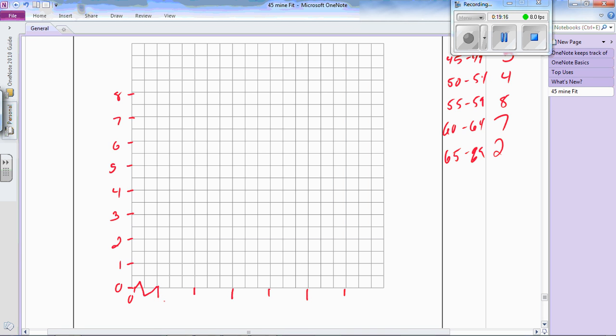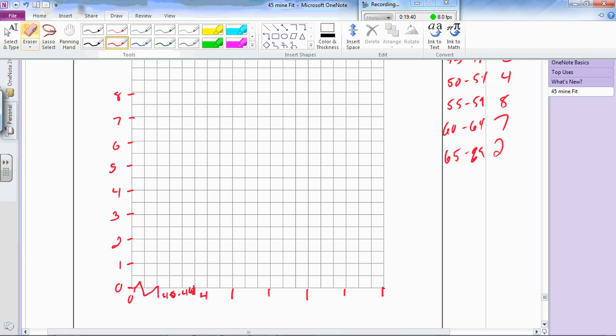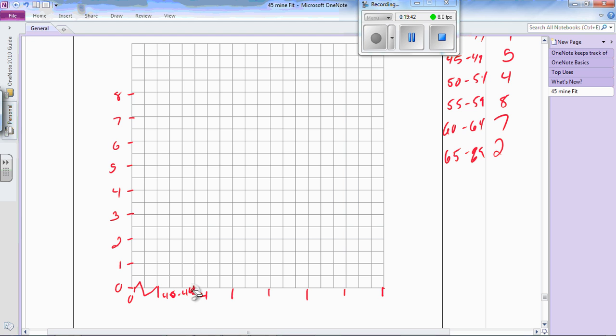Let's see how small I can write. 45 to, oops, there's 6 of them, shoot. 40 to 45. Alright, so that's not going to work. So how about 40 to 44. This is why you're allowed to use the pencil on this stuff, so you don't make silly mistakes.